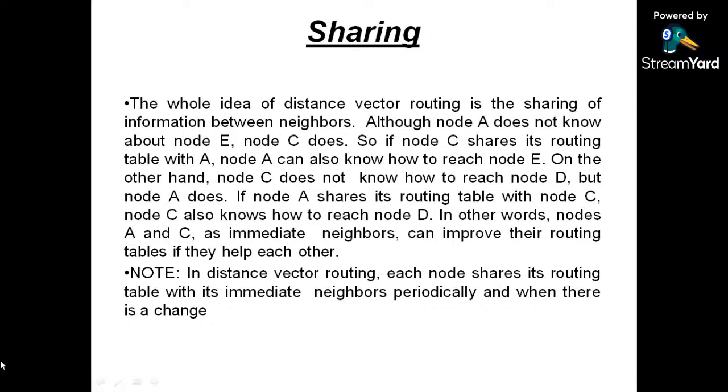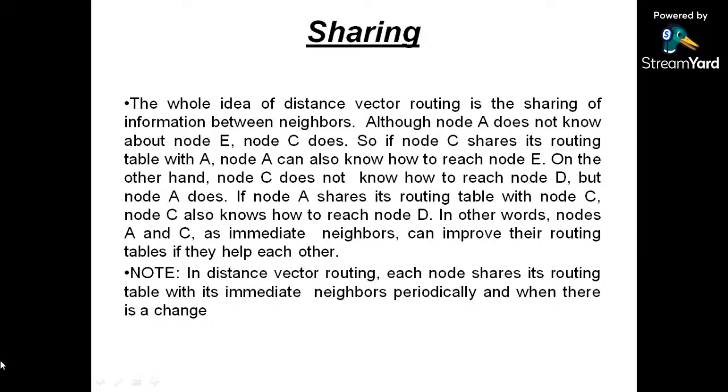If node A shares its routing table with node C, C also knows how to reach node B. So in short, nodes A and C as immediate neighbors can improve their routing tables if they help each other.